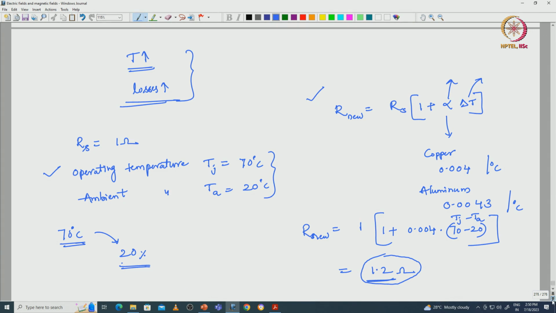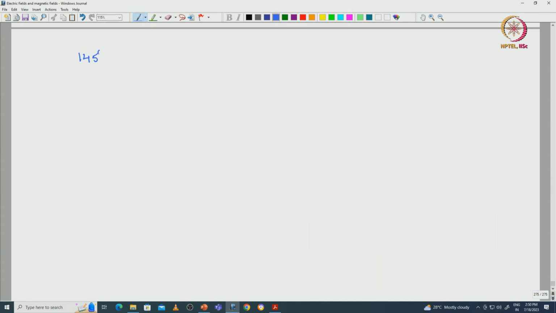Same way, if the operating temperature Tj is 145 degrees Celsius, then the new resistance of the hotter conductors is equal to 1 times (1 plus alpha, 0.004 for the copper temperature coefficient, times 145, the junction or operating temperature, minus 20 degrees Celsius, the ambient temperature). It will give 1.5 ohm.